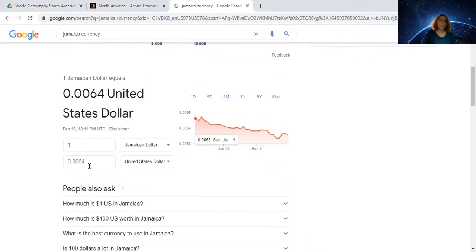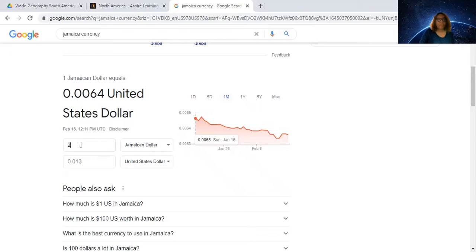So, whoa, I mean, that's less than a penny. One Jamaican dollar is less than a penny for US. So that's like, wow, it's like half of a penny. So I bet 2 Jamaican dollars would be, let's see. Yeah, 2 Jamaican dollars would be a penny.